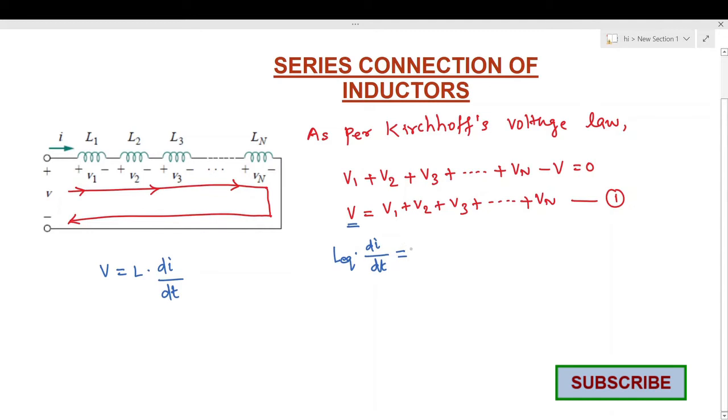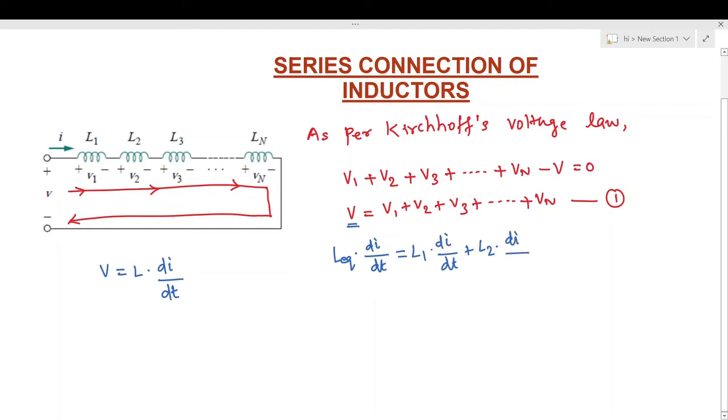So we will write the inductance value L1 into di by dt, and we will apply the voltage formula for all the voltage terms, so the voltage terms can be replaced with the inductance times the variation of current with respect to time: L2 into di by dt plus, for V3, L3 into di by dt, and up to Vn, that is Ln into di by dt.